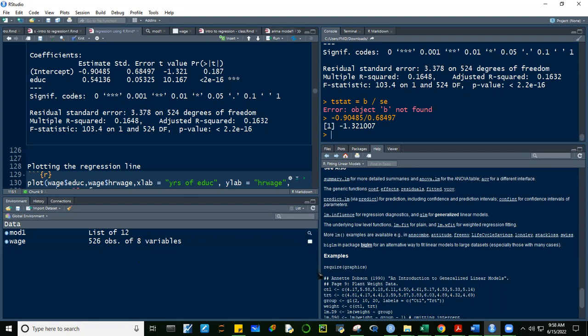Kindly chat please or unmute yourself. Kindly unmute na lang please. Hello, sir. Yes. Bakit hindi siya significant? Di ba po dapat 0.05 and below?